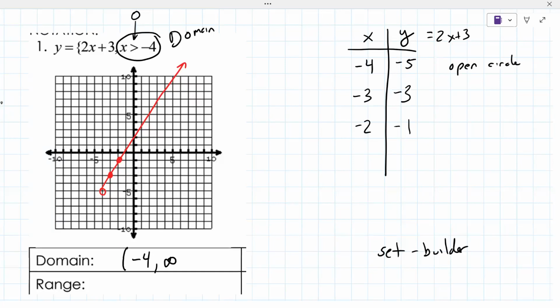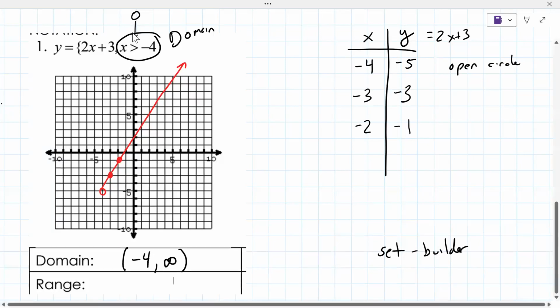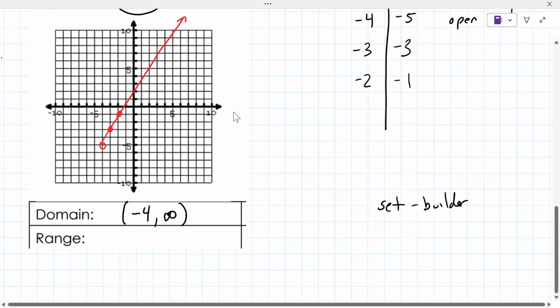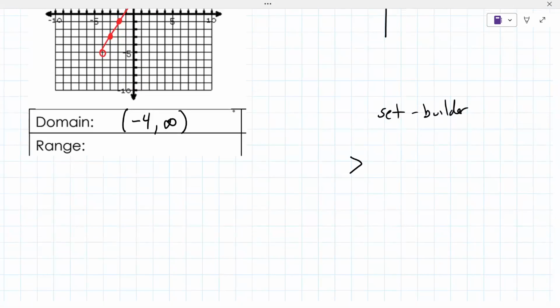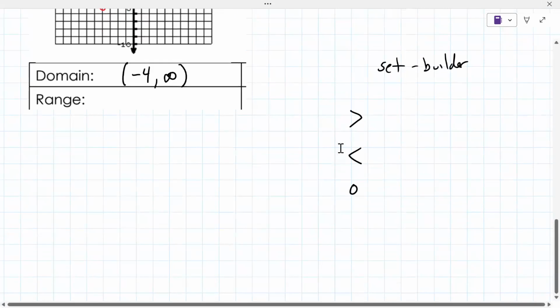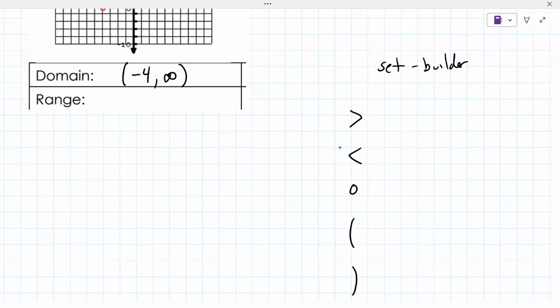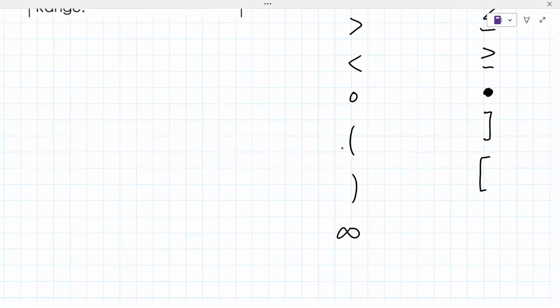It's -4 to infinity. When I did it, I got bracket -4 comma infinity parentheses. Yeah, so these symbols, the open circles, go with parentheses, and the filled-in dots go with brackets, and then infinities are always going to go with parentheses.